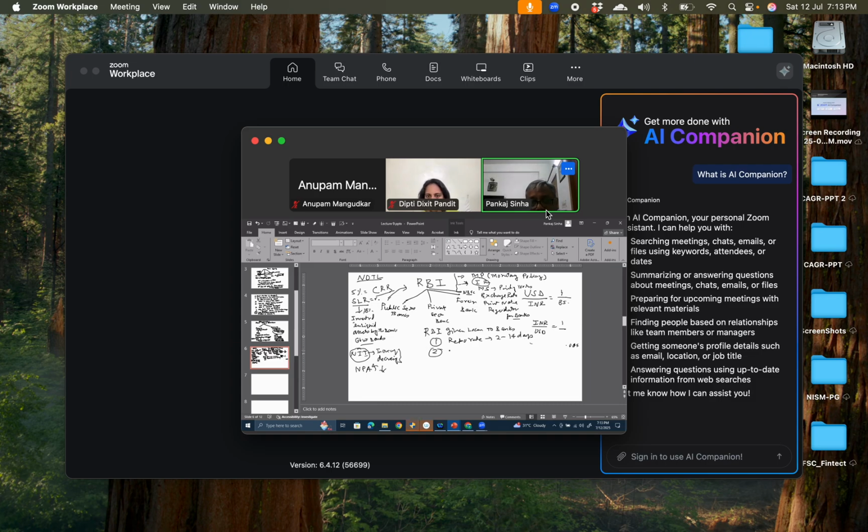Then second is the overnight, 1 day. So that is known as the MSF, marginal standing facility, less than 2 days. If it is less than 2 days, where will you go? Marginal standing facility. Its rate is also much higher than the repo rate, because this is the emergency.